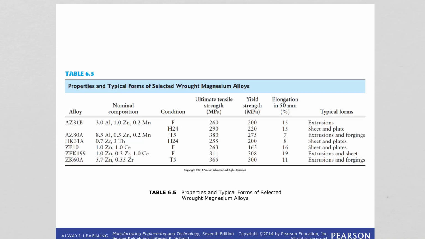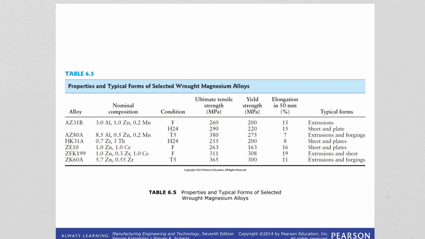And the numbers indicate the amounts of the two principal alloying elements. And the condition, for example, F means as fabricated, and H means strain hardened, etc. Of course, you don't need to memorize these, but I'm just telling you for your future reference.